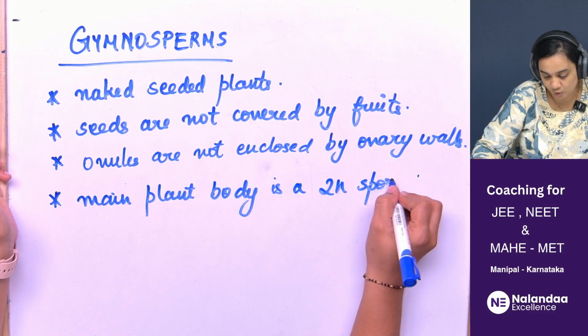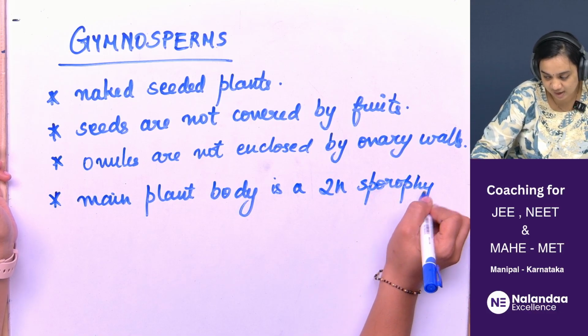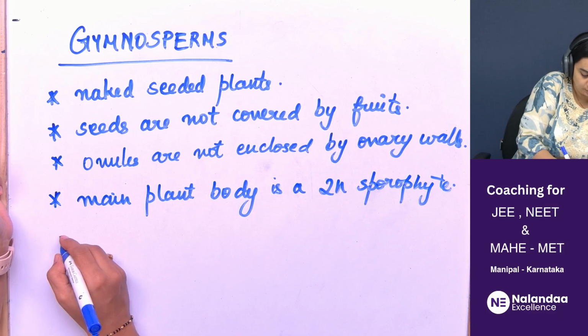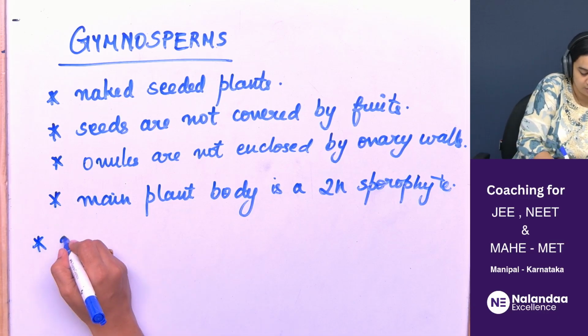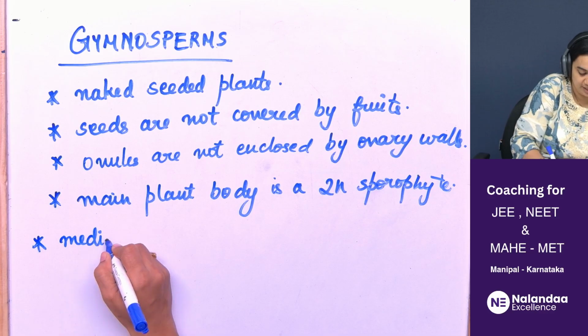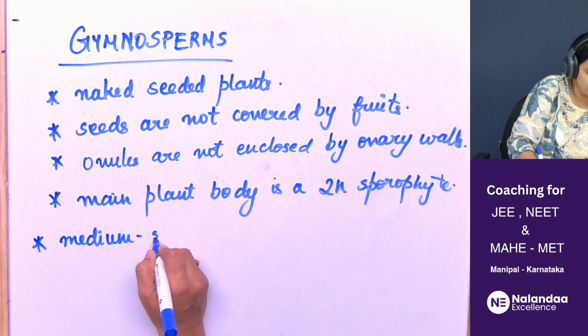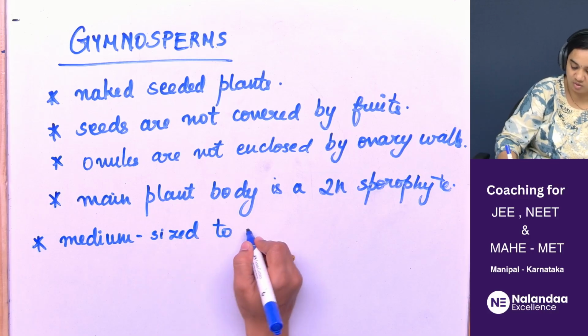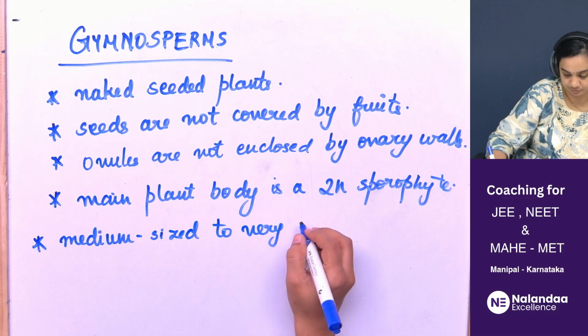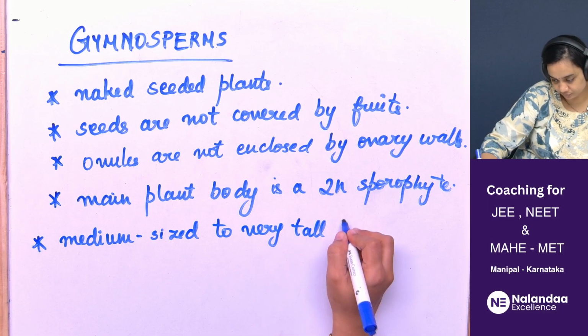It's a diploid sporophyte, and the plant body of gymnosperms includes medium sized to very tall trees. I had a question.